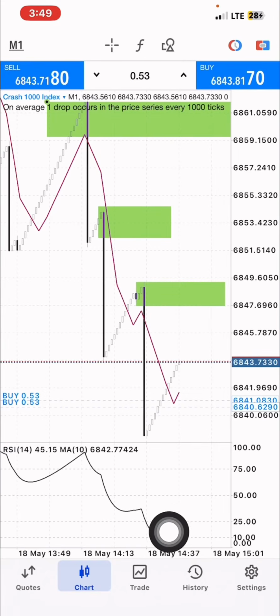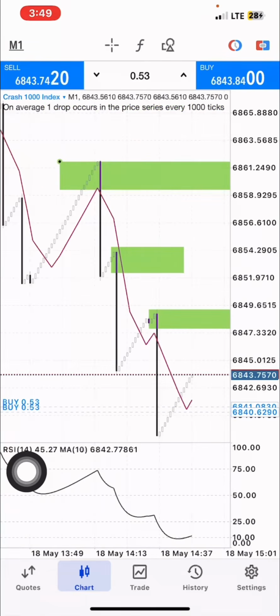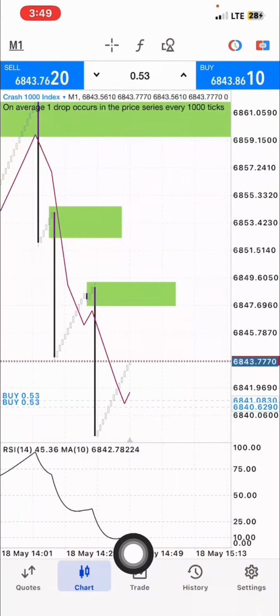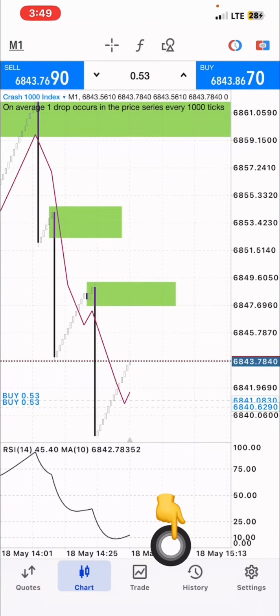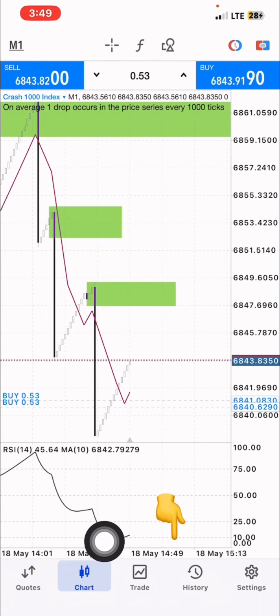There has to be a very, very long spike that brings this RSI level to level 0 or level 10. There has to be a spike that brings this moving average that is in your RSI chart to the bottom.